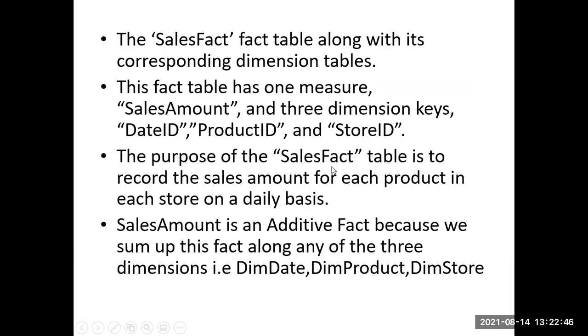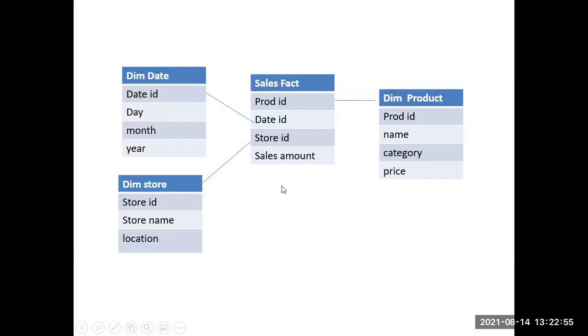The purpose of the sales fact table is to record the sales amount for each product in each store on a daily basis. We calculate the sales amount as it increases for each day, for which product, how many products got sold, and on which date.